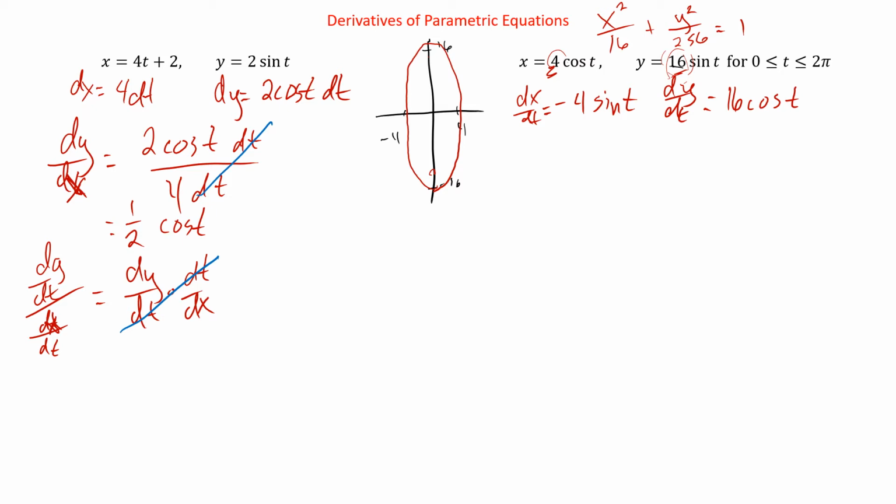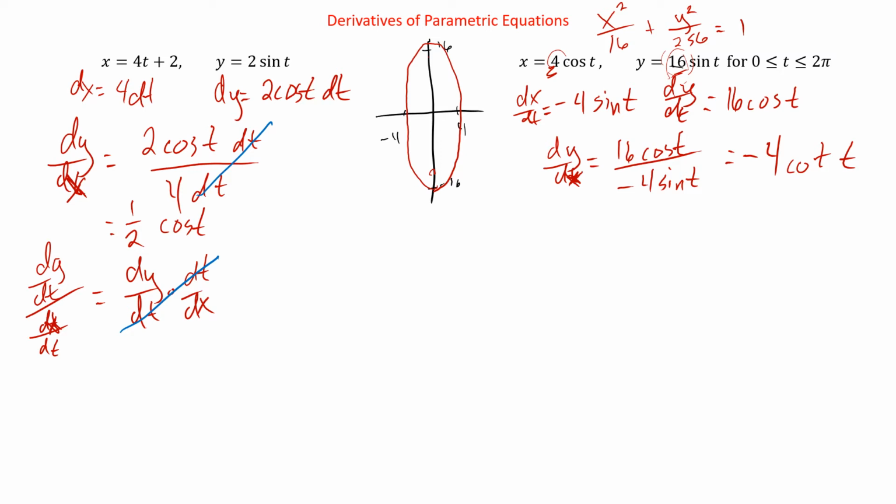We'll go y over x, so dy over dx equals 16 cosine t over negative 4 sine t, which will be a negative 4. Cosine over sine is cotangent t, so the derivative is negative 4 cotangent t.